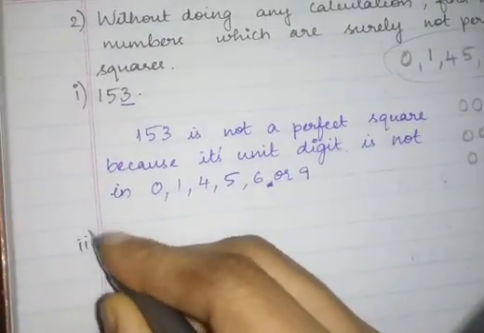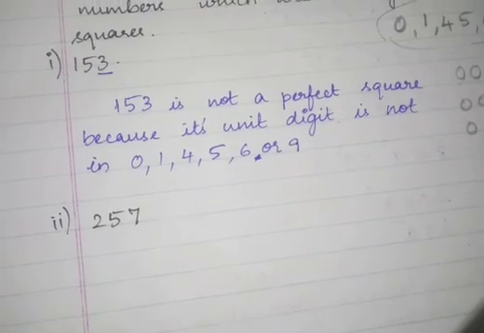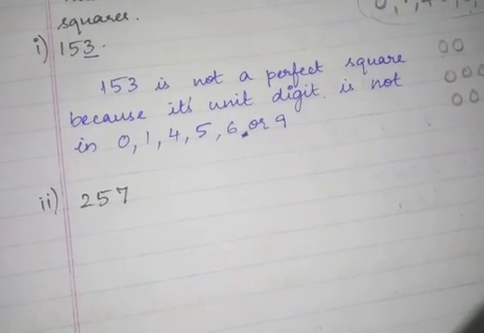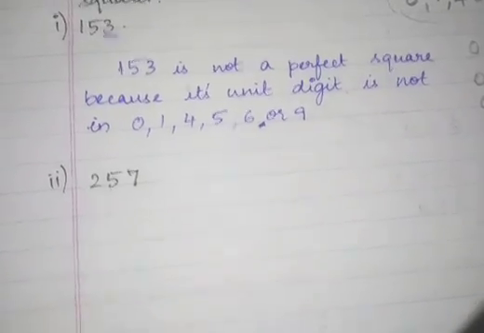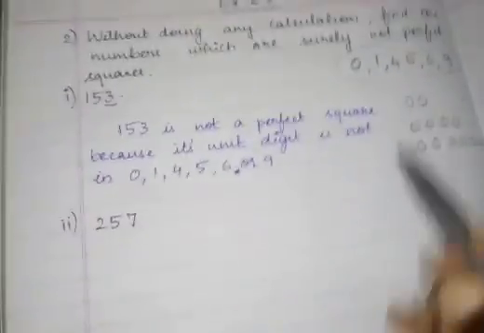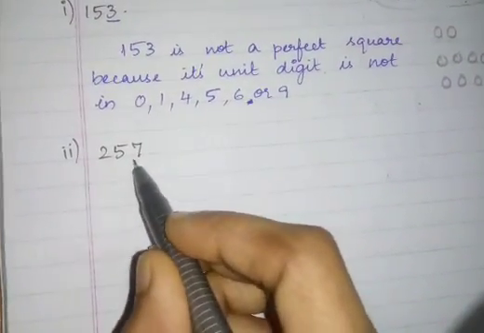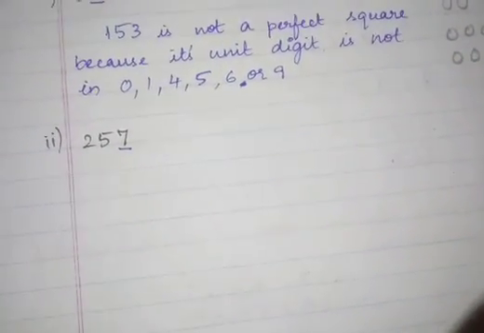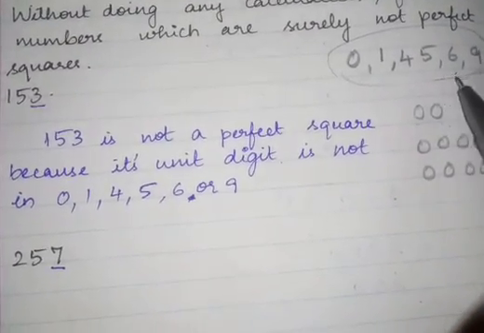Next problem, 257. Whether it is a perfect square, without any calculation you have to say. It is not a perfect square. They are asking the reason. What is its unit digit, children? 7. Does 7 come in this set 0, 1, 4, 5, 6, 9?